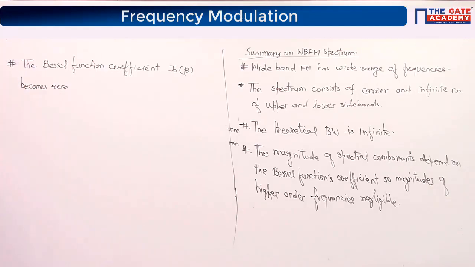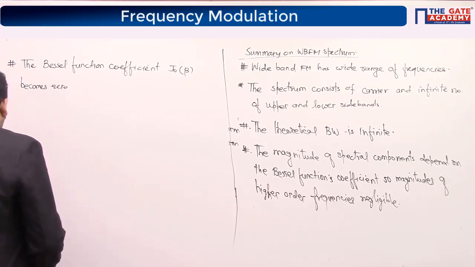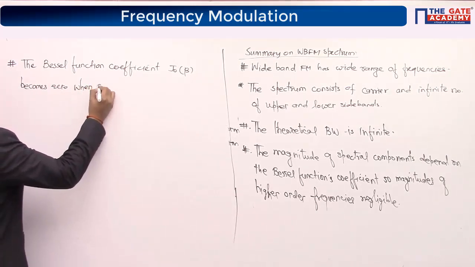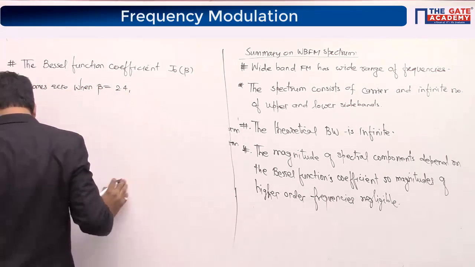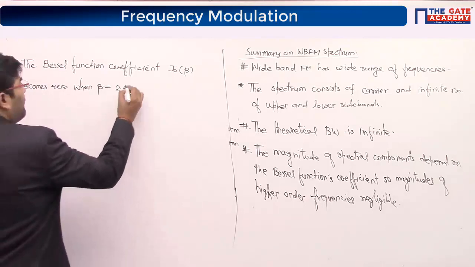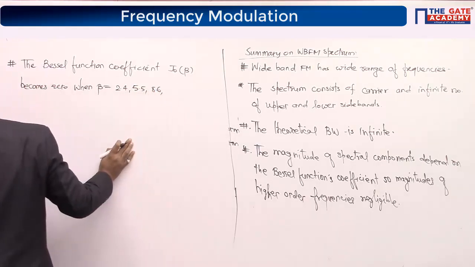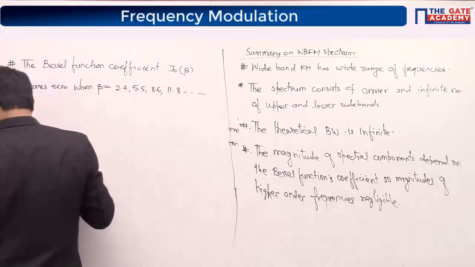The Bessel function coefficient J naught beta becomes 0 when beta is equal to 2.4, 5.5, 8.6, 11.8 and so on.